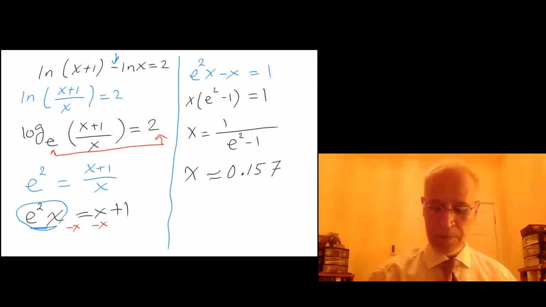Okay, let's do another example. How about something just a little bit more interesting? Suppose I have log base 2 of x plus 1 plus log base 2 of x plus 7 equals 3.